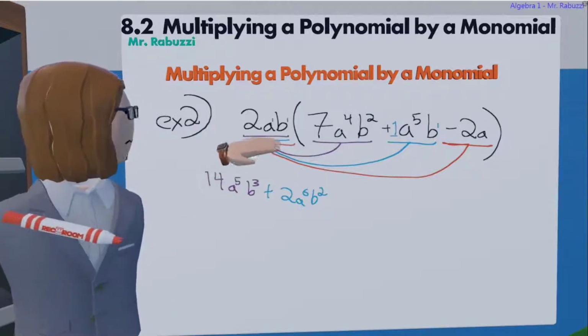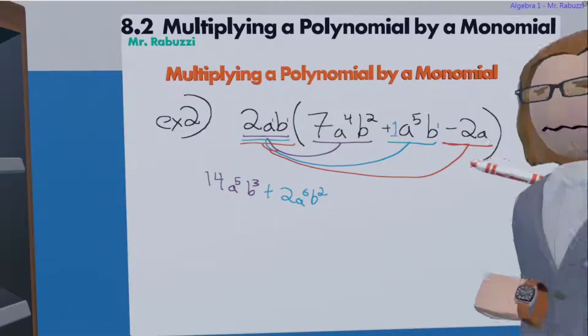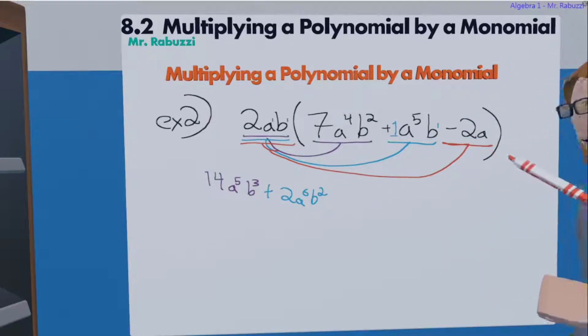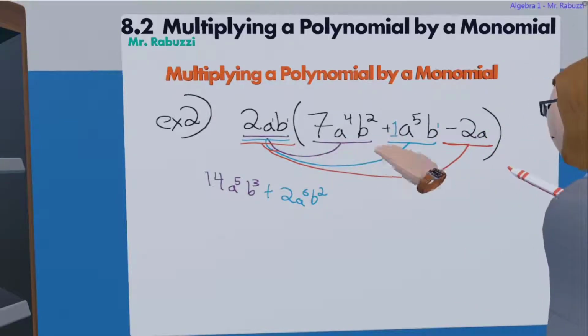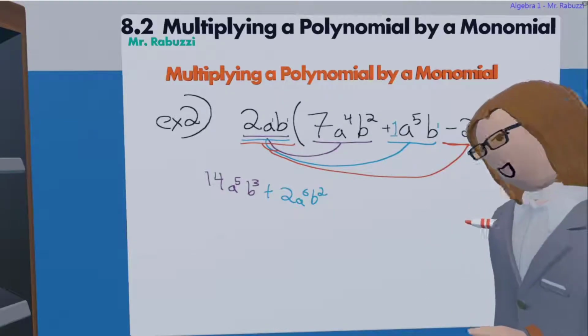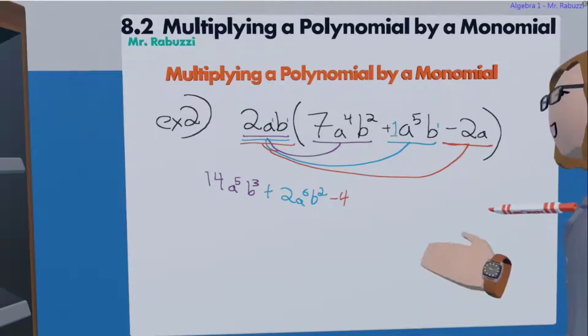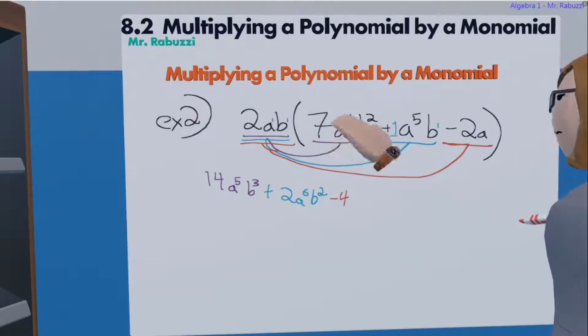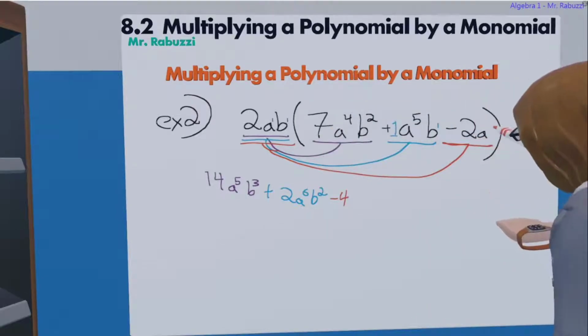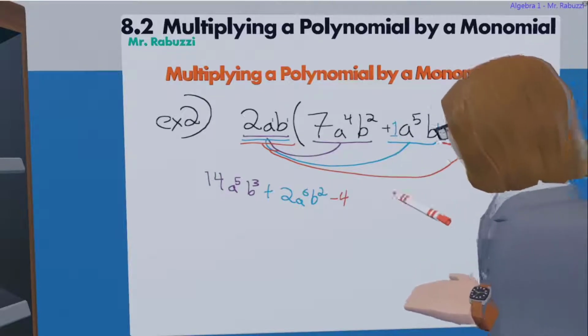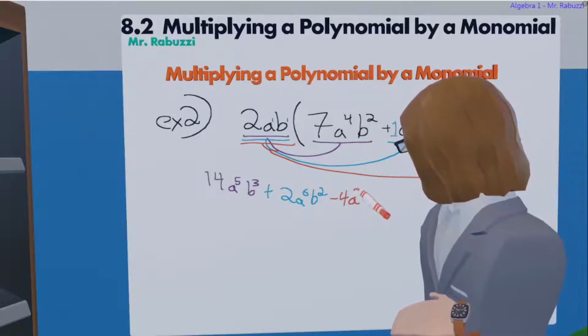All right, let's go around for the orange line. Starting with 2 times negative 2. There's our 2 and our negative 2. It's going to be negative 4. Then we have a to the first times a to the first. Remember, invisible 1. So 1 plus 1 is squared.